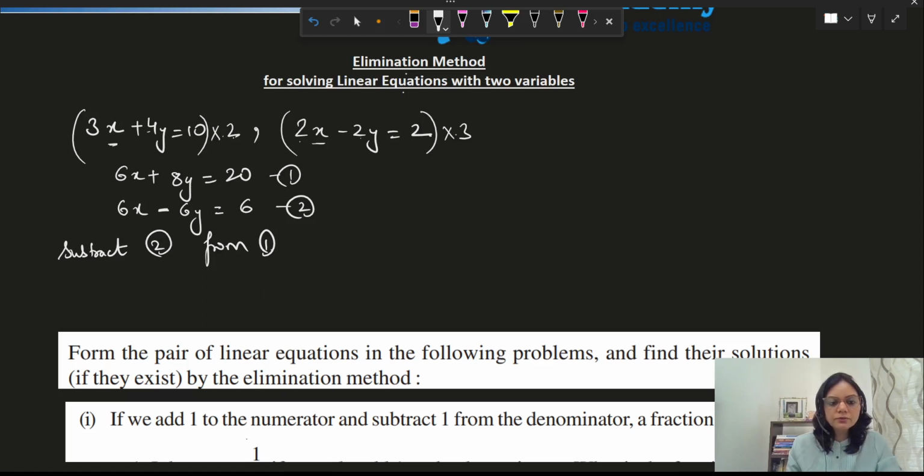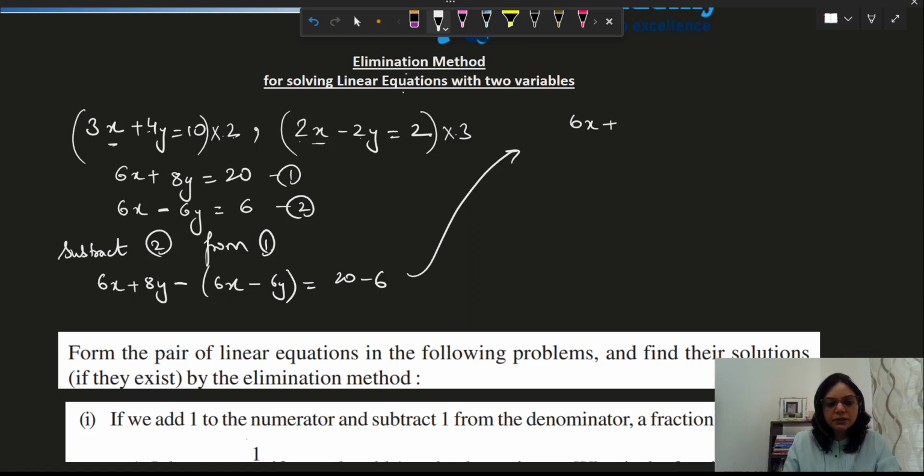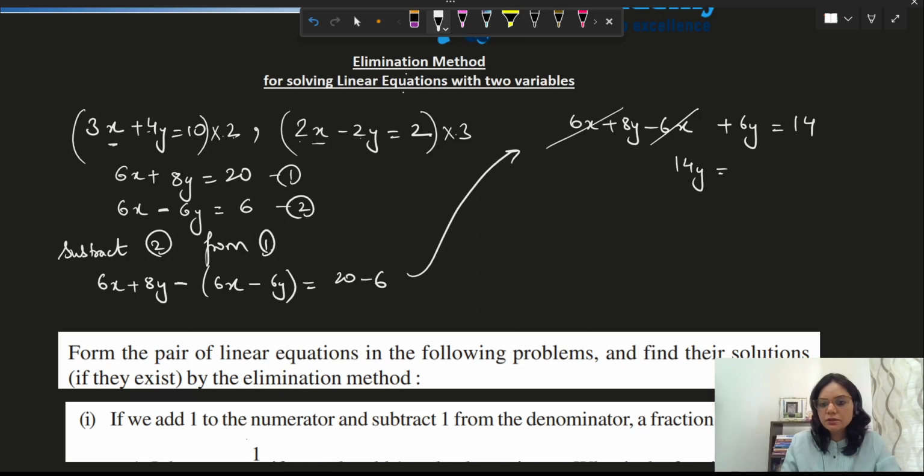When I subtract 2 from 1, I can write 6x plus 8y minus 6x plus 6y is equal to 20 minus 6, which is 14. So here 6x cancels. So 14y is 14. So y comes out to be 1.